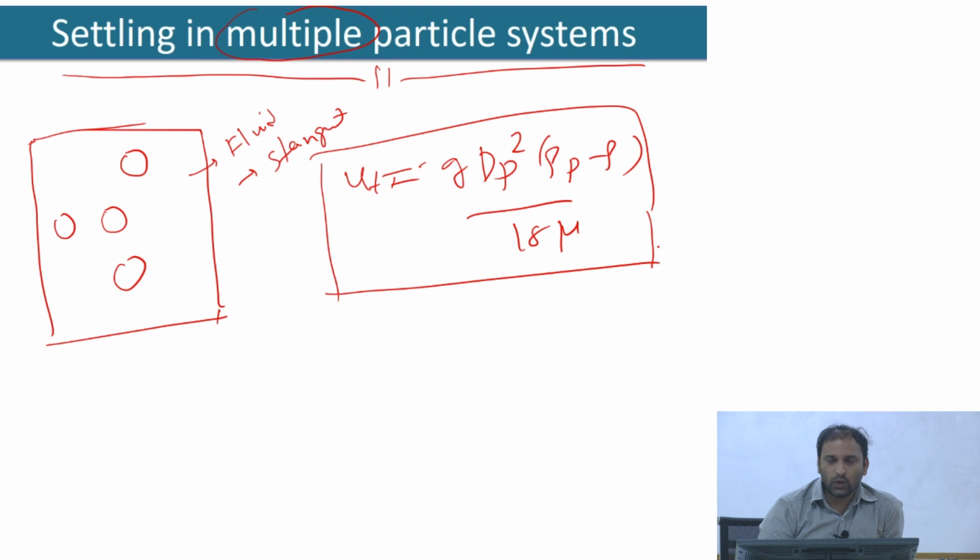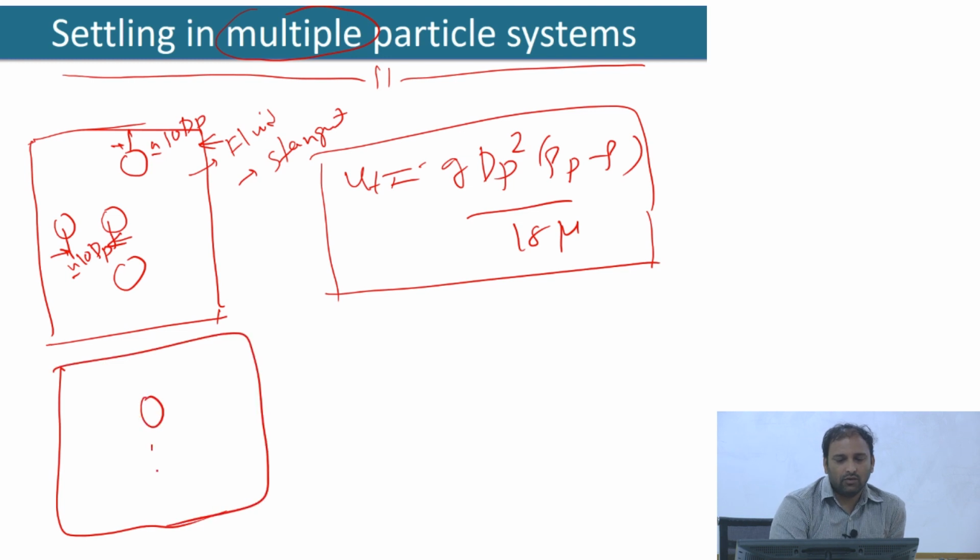If you are working under very dilute conditions, if the distance between the particles in the fluid is approximately 10 times the particle diameter, and if the distance between the wall and the particle is again approximately 10 times the particle diameter, you can assume the particles would still be flowing in a fluid in a very similar way as a single particle.